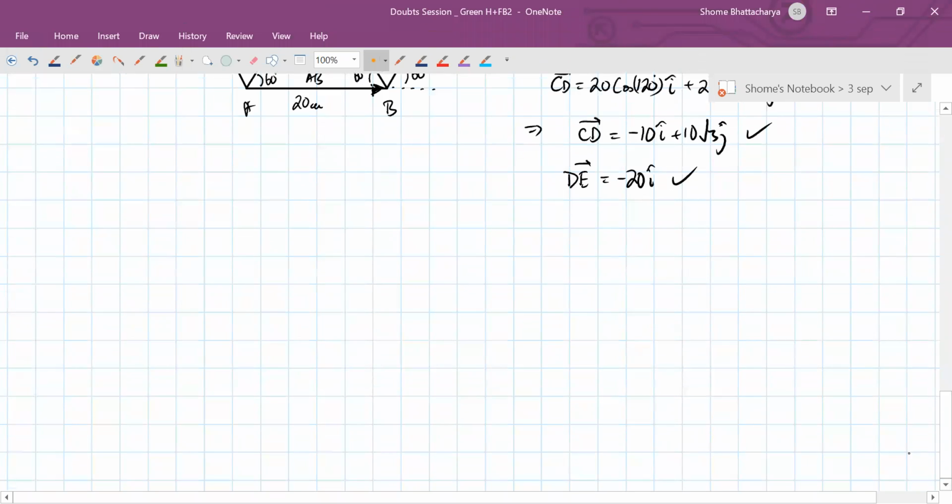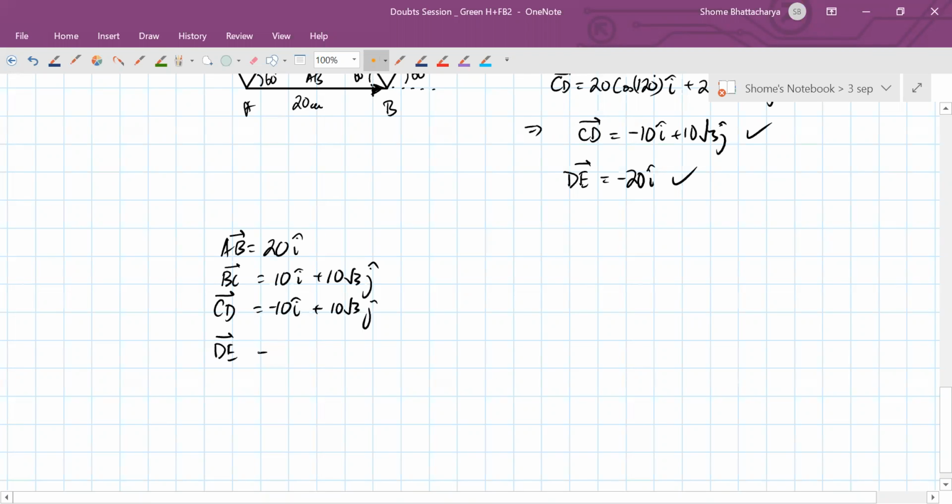So once you got this, the vector AB is 20 I cap, BC is 10 I cap plus 10 root 3 J cap, CD is minus 10 I cap plus 10 root 3 J cap, and finally the vector DE is minus 20 I cap. So now you just sum them up.